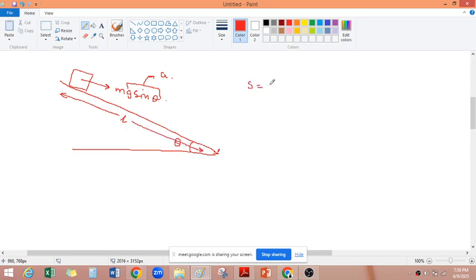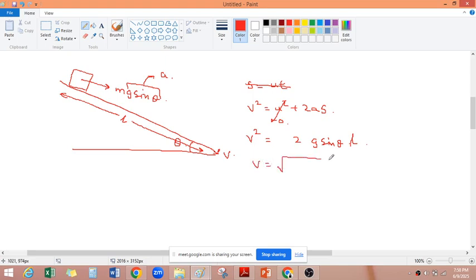So S is equal to ut plus... should I use this one? Okay, I will use the other formula. V squared is equal to u squared plus 2as. So I want to find the velocity with which it will be reaching here. So that means I want final velocity. Initial velocity is 0. So 2, acceleration is g sine theta. S is the displacement. So displacement along this direction is L. So that means I should put L here. So V squared is equal to this one.